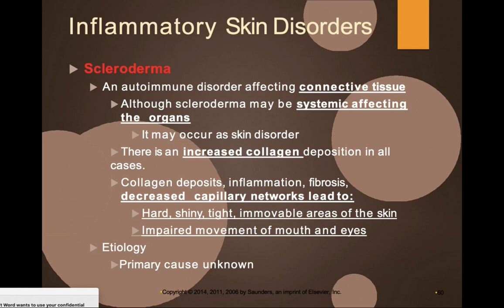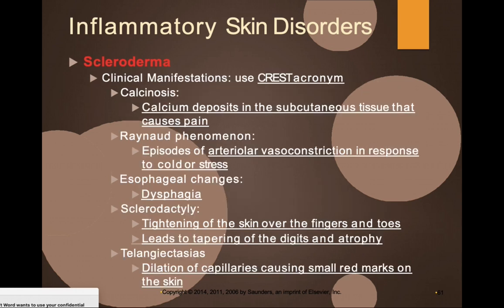The skin becomes very hard, it becomes tighter, it becomes shiny, the areas become a little bit stiff and difficult to move, tough to move the mouth and the eyes. And if we look at the clinical manifestations, we use the acronym CREST, C-R-E-S-T.